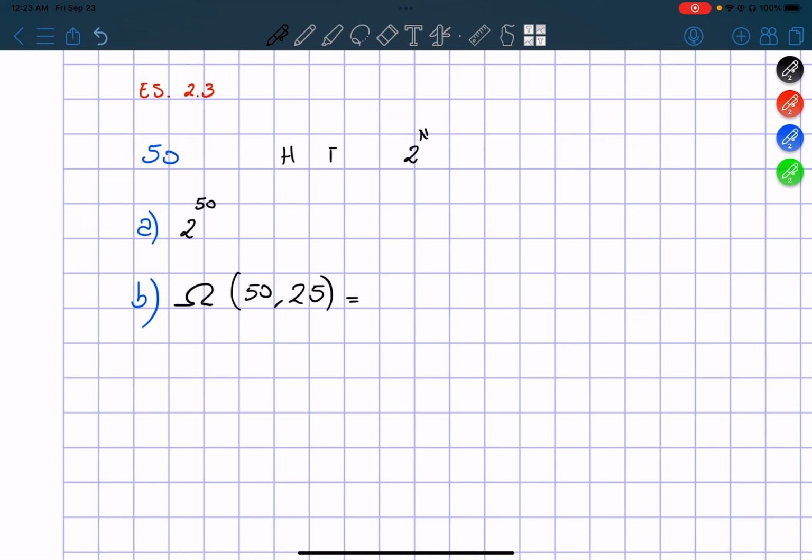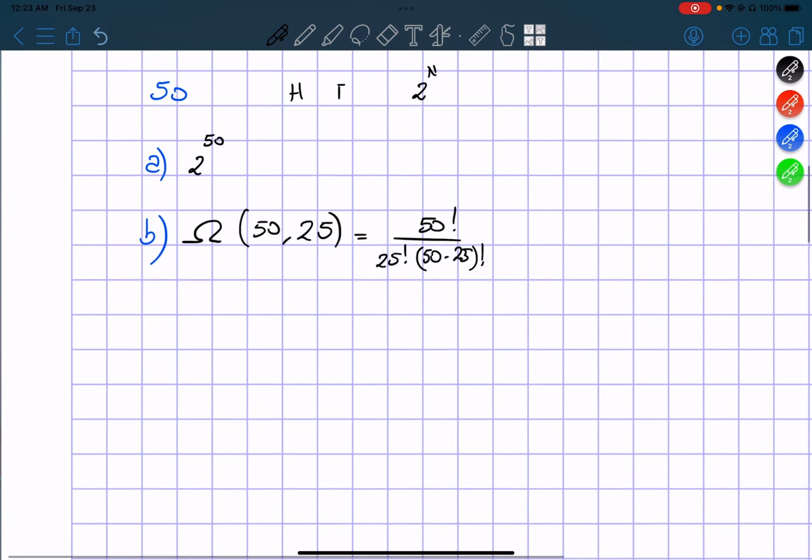So we'll have 50 factorial over 25 factorial times (50 minus 25) factorial.